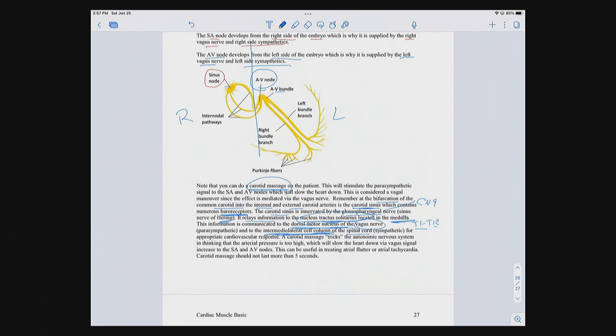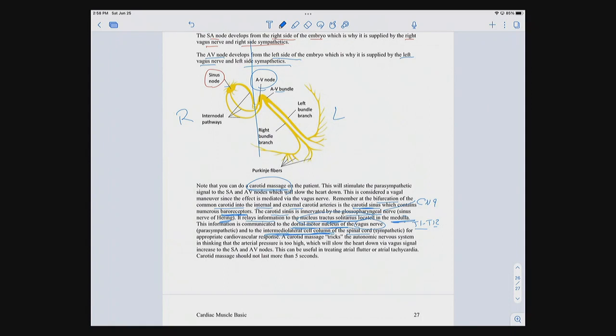Or if the pressure is too high, then you might want to lay off the accelerator, maybe tap a little bit on the brake. So you might want to back off on the sympathetic tone, increase the vagal tone a little bit to slow the heart down. So you have some modest ways of regulating blood pressure relative to heart function.